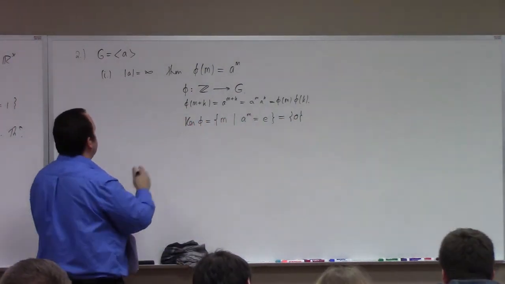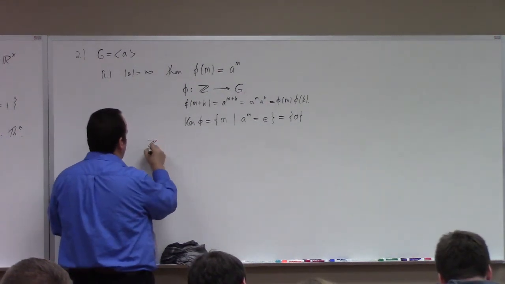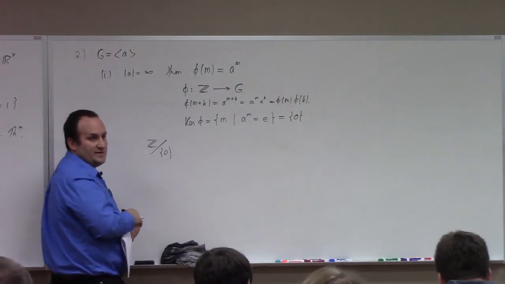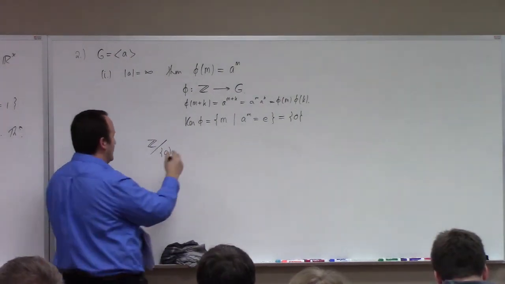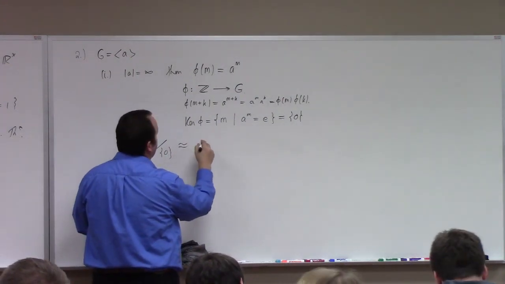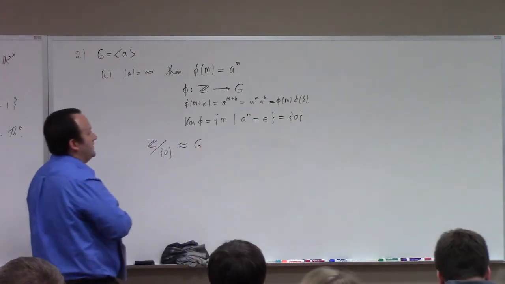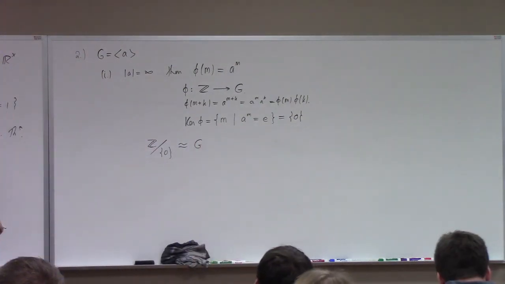So here we get that Z mod 0, which is a really dumb quotient, but there it is, isomorphic to G. Because it's also clear that this is a surjection, right? You give me a to the m, I get to it by mapping m. That works for any m.